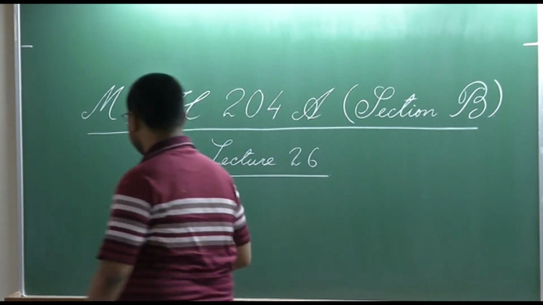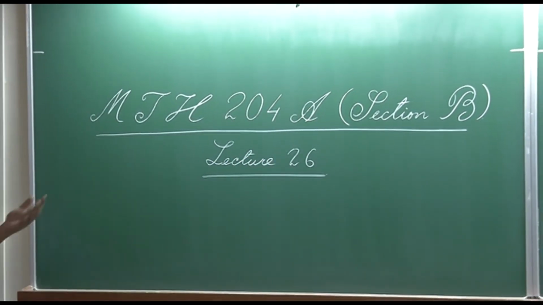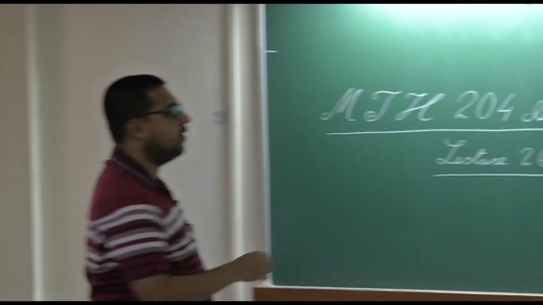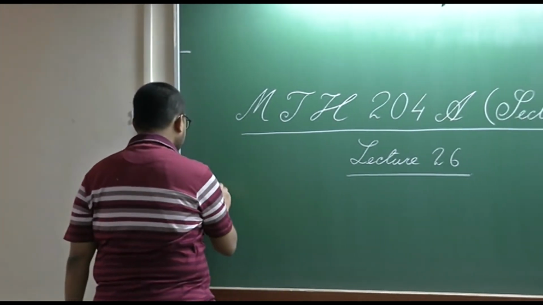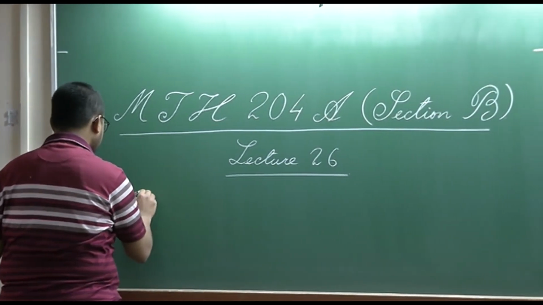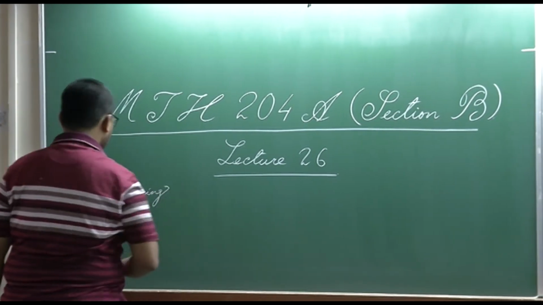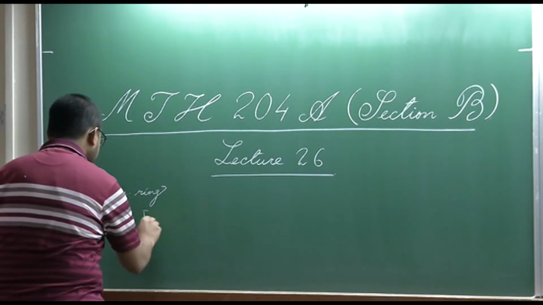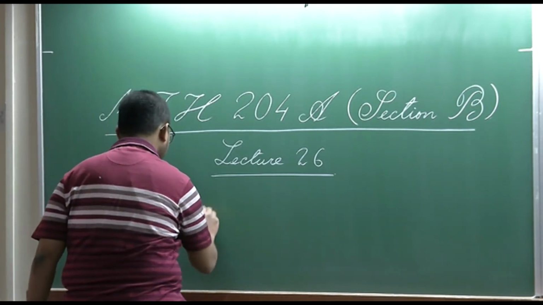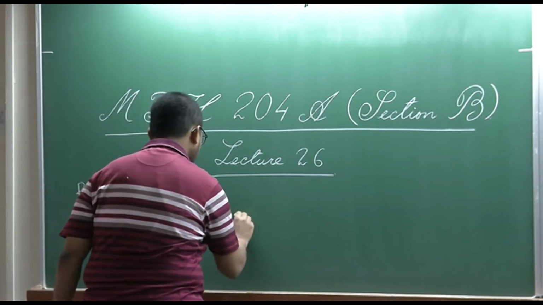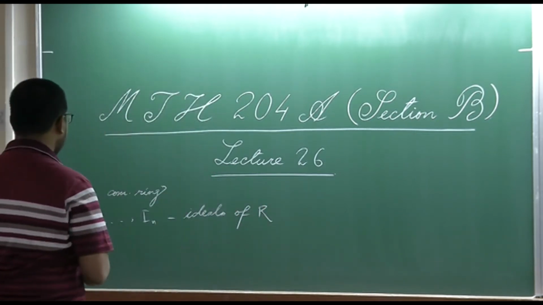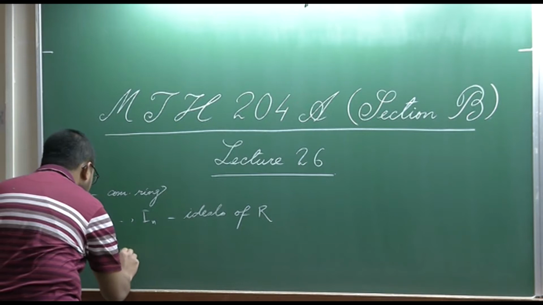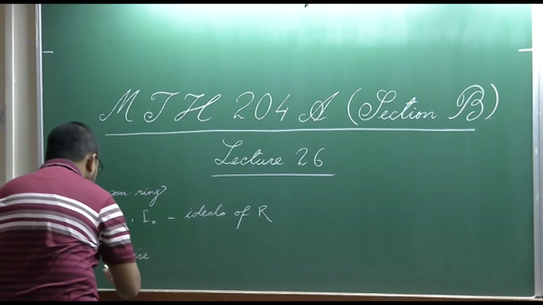So, recall that in the last lecture we have defined the coprimality of two ideals, the generalization of the coprimality of two integers in the setup of general rings. So, therefore, here let us start with a commutative ring R, which always possesses unity, and given a collection of ideals I1 up to Ik of R, further assume that they are pairwise coprime.